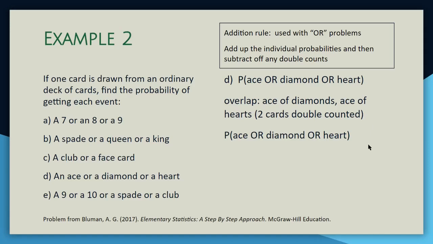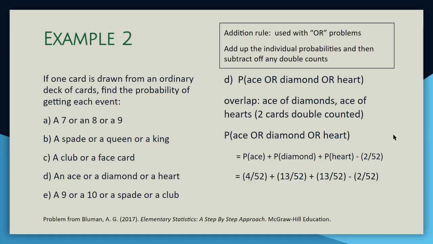So the probability of ace or diamond or heart is ace plus diamond plus heart minus that overlap. So 4 plus 13 plus 13 minus 2 is going to give us 28 over 52, which is 0.5385.